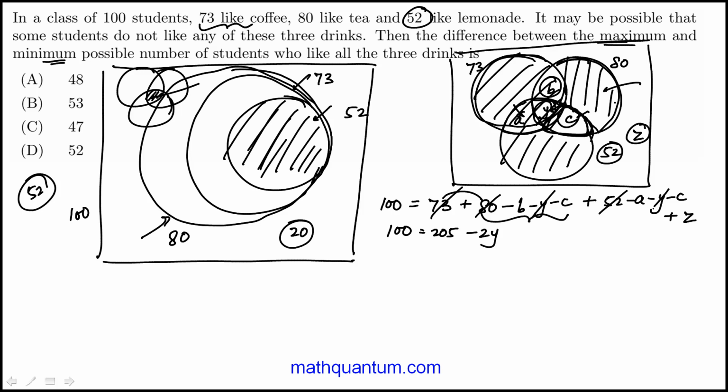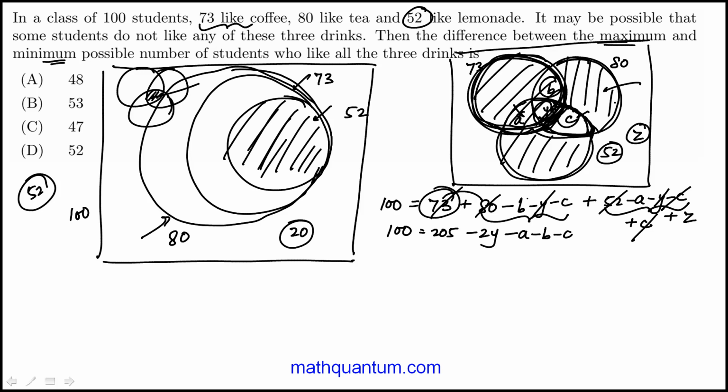So make sure you do this on your own as well to see. And then that piece here, and then I have to add that piece. This circle was 73, and that was this piece here. So I need to add a C here, and you'll see these two drop out. So I get minus 2Y minus A minus B minus C.